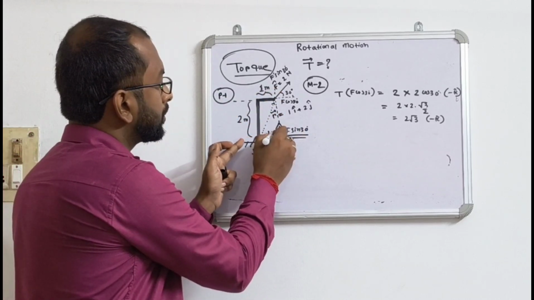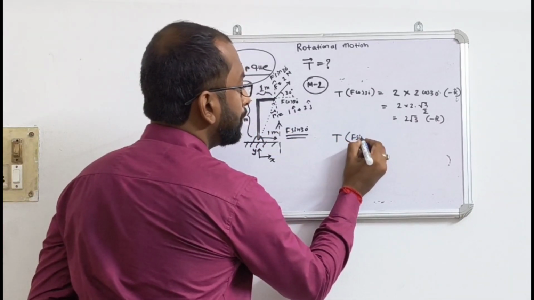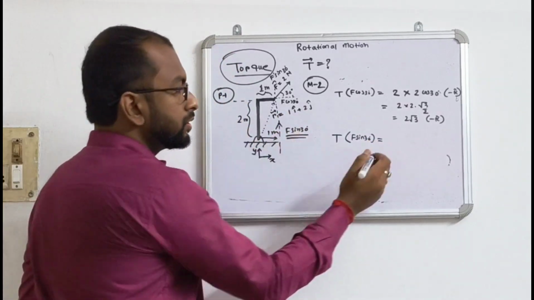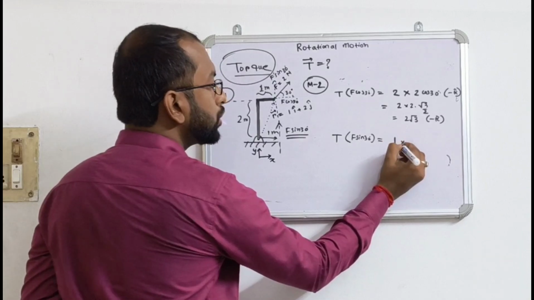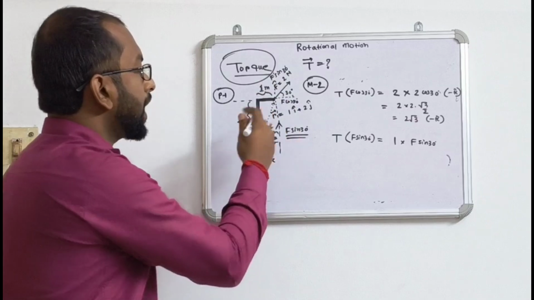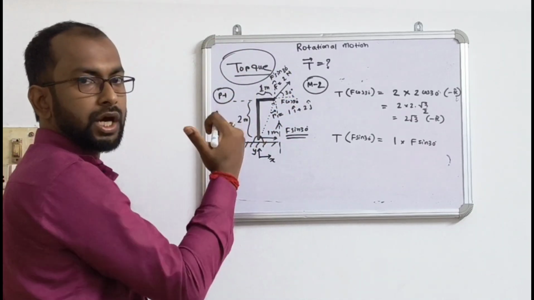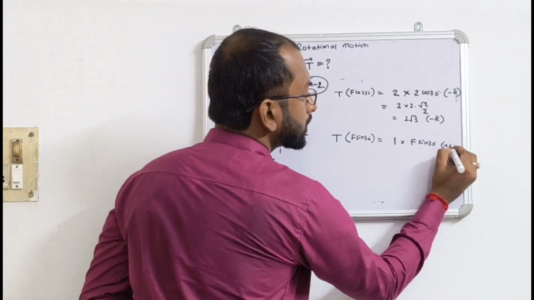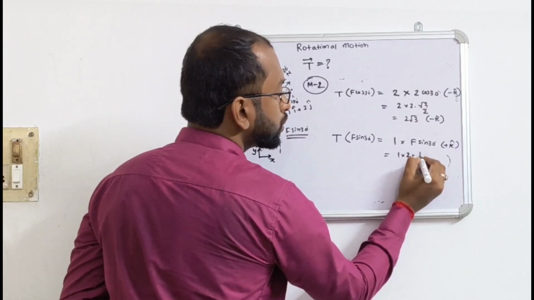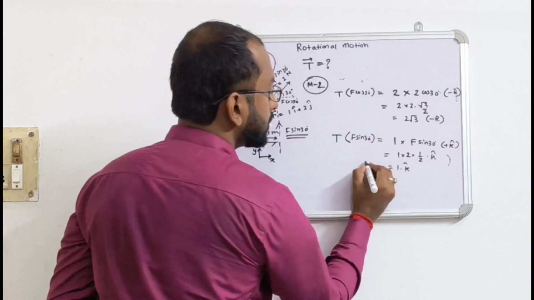So torque due to the F sin 30 component is the perpendicular distance, 1 in this case, into the force component F sin 30, but that is trying to rotate it in the anti-clockwise direction, and anti-clockwise means x cross y, z axis outward, so we can write it as plus k cap. That is 1 into 2 into half k cap, that is only 1 k cap torque.